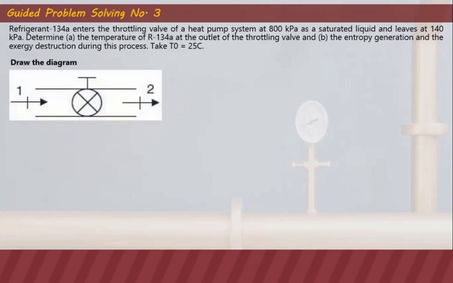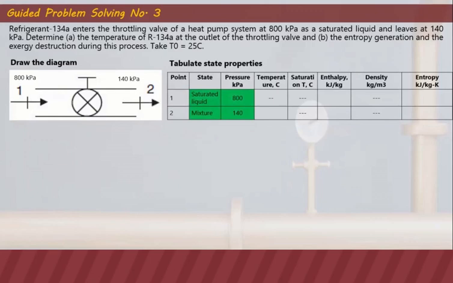So this is how our throttling valve looks in the schematic diagram. We're given the pressure at point 1 and at point 2. At point 1, it is given as a saturated liquid at 800 kPa.